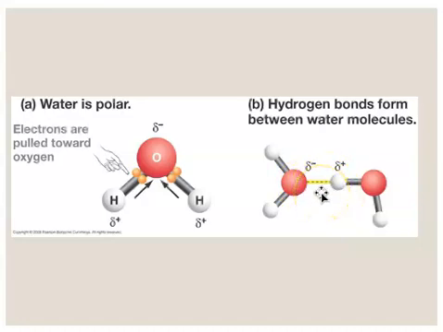Notice that we draw hydrogen bonds as dotted lines, as opposed to the solid lines that we draw as covalent. The dotted line reminds us that a hydrogen bond is not as strong as a covalent bond.